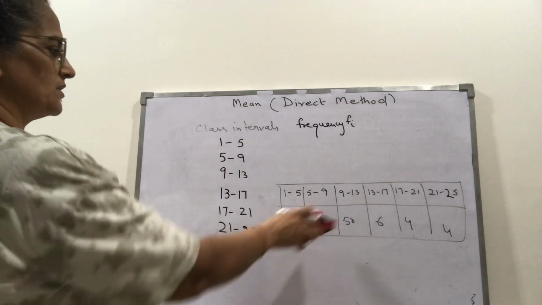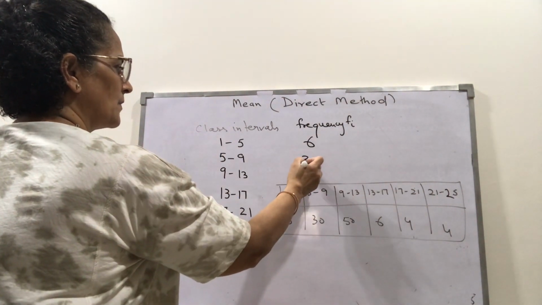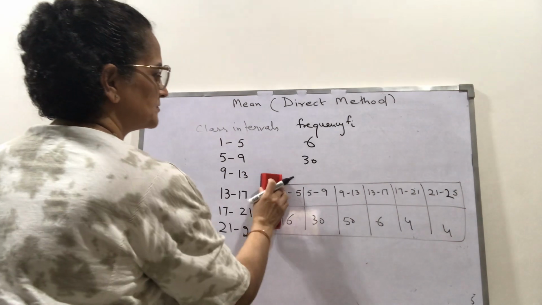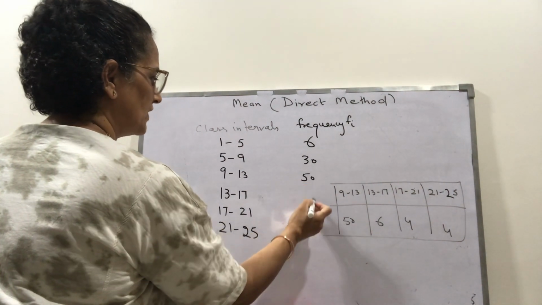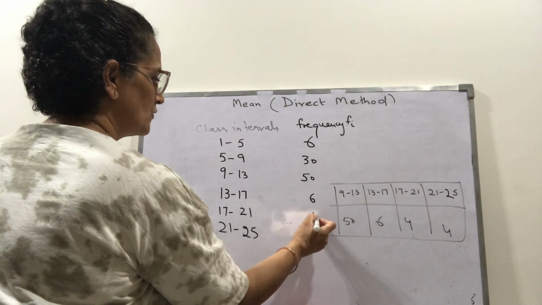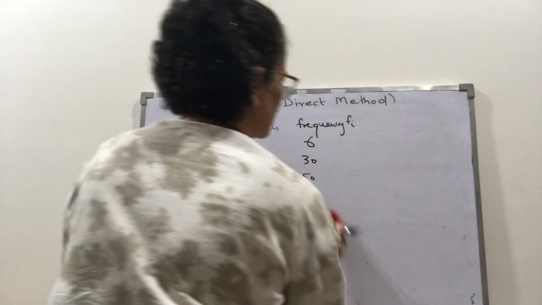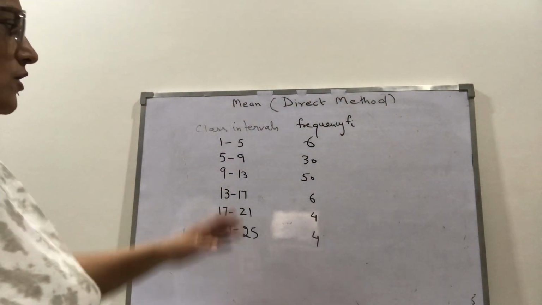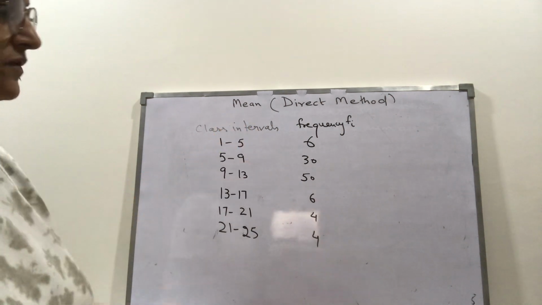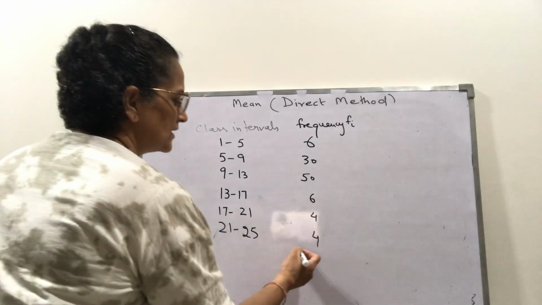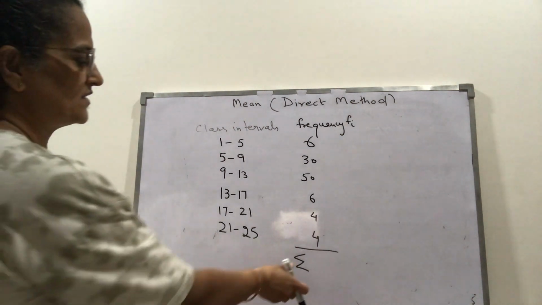Now let's copy the frequencies: 6, 30, 50, 6, 4, 4. After copying the class intervals and the frequencies, there is a symbol sigma, which means summation.